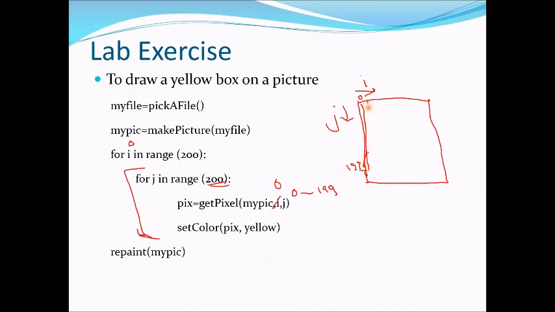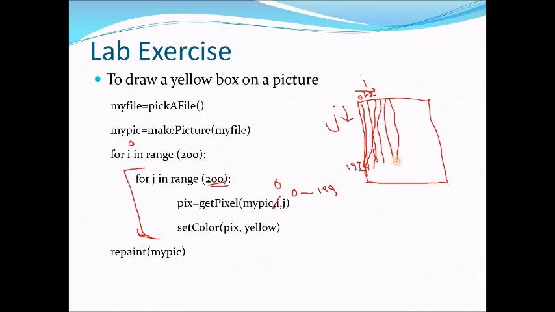Then it will repeat the same thing for i equal to 1. Sorry for the drawing. Then it will repeat the same thing for i equal to 2, and keep on doing like this. My drawing is not good, but practically they will be boxes attached to each other. So at the end, it will repeat these lines 200 times.